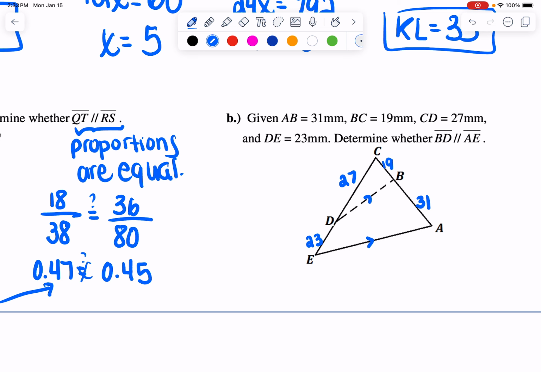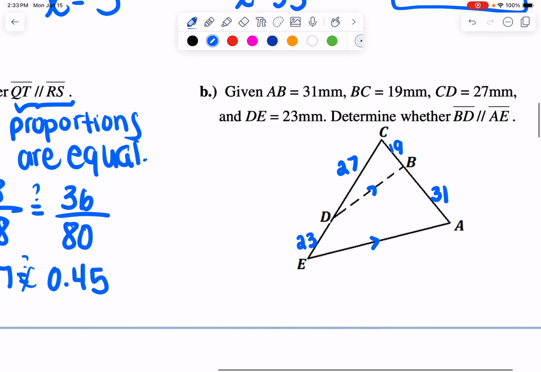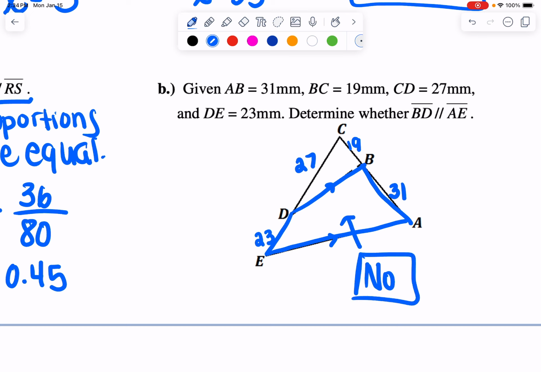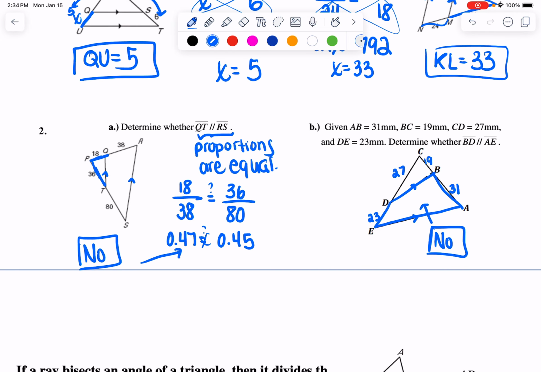If we're looking at setting up our proportion, you can set certain proportions over each other. The problem with that is if you notice this line right here, it doesn't meet at that vertex point. So since these are not parallel triangles, that's a trapezoid, your answer would be no. If D doesn't meet at the vertex, your answer is automatically no.